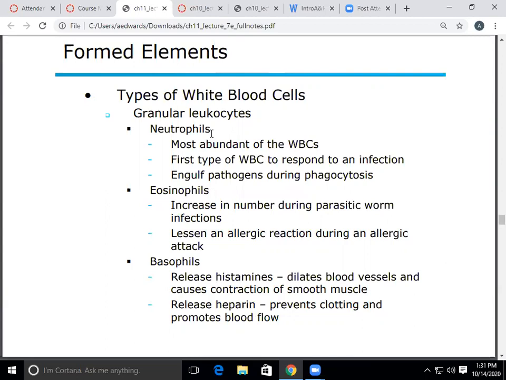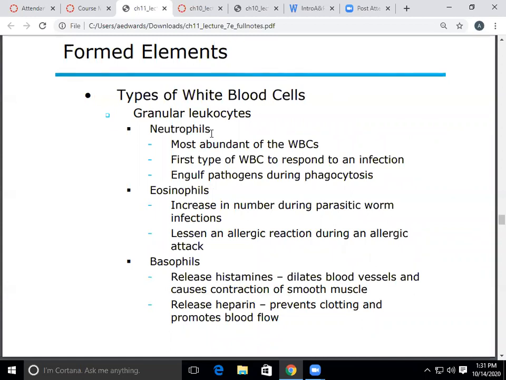The eosinophils will increase in number if you get some sort of parasitic worm infection, so they're able to respond to that. And they can actually reduce your allergic reaction if you have an allergic attack.